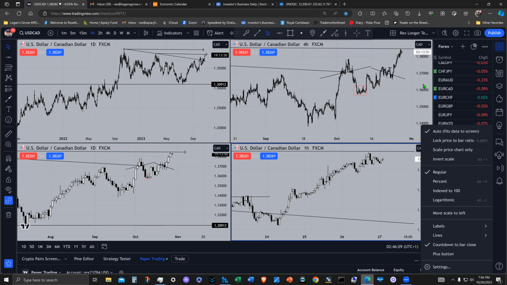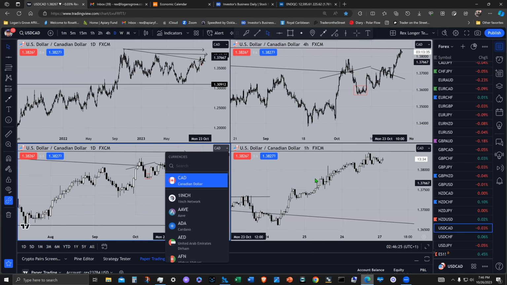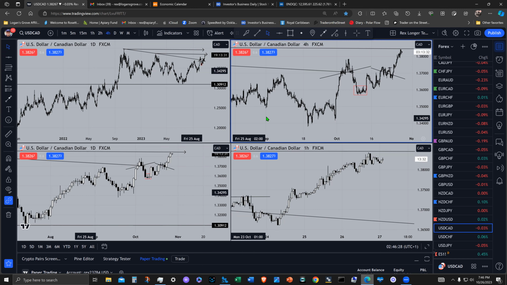Now the other window's getting annoying. Regular, countdown to bar close, auto fit status to screen. Labels. I'm just trying to turn this thing off so I can read the price. Oops. Oh, well. We're almost to the end. I'll figure it out later.